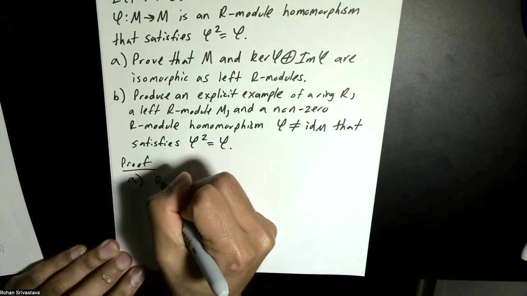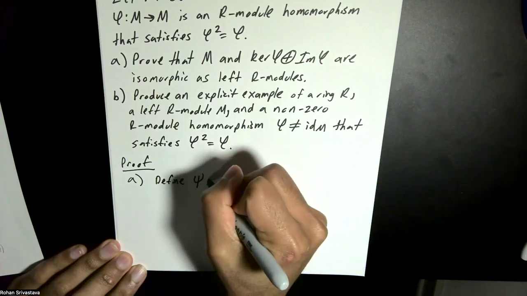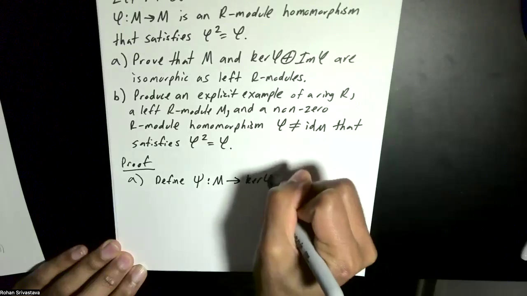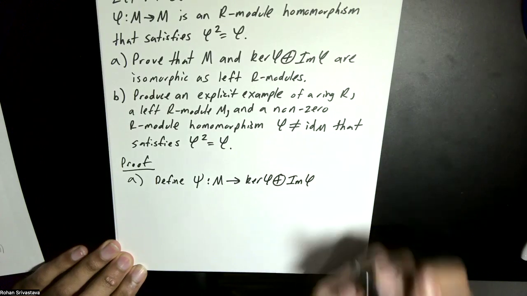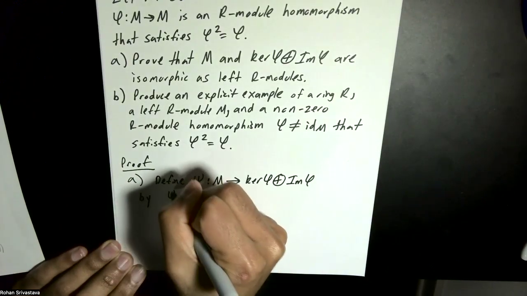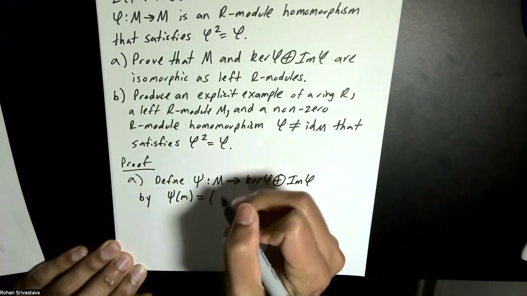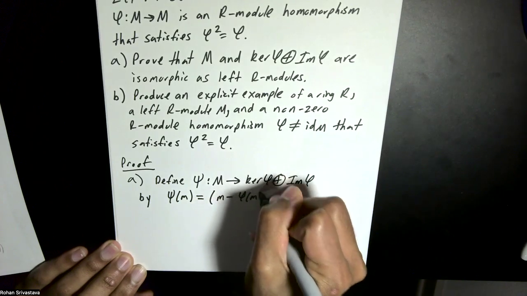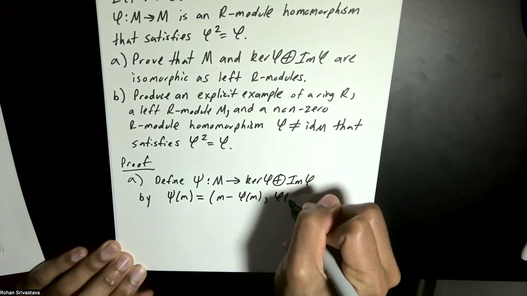Let's define psi from M to the direct sum of the kernel and the image by, well, let's send m to the ordered pair m minus phi of m, comma phi of m.